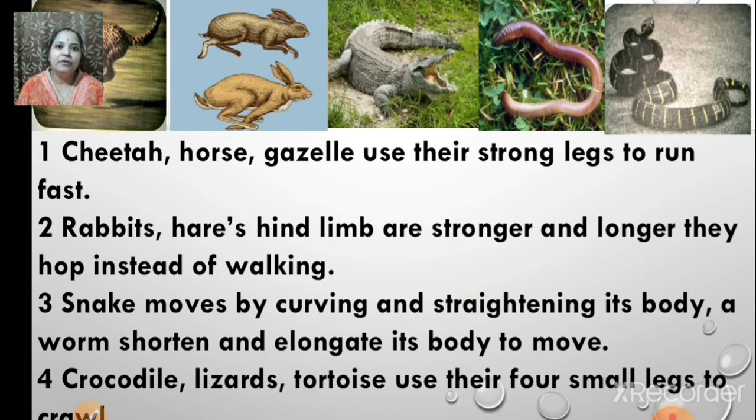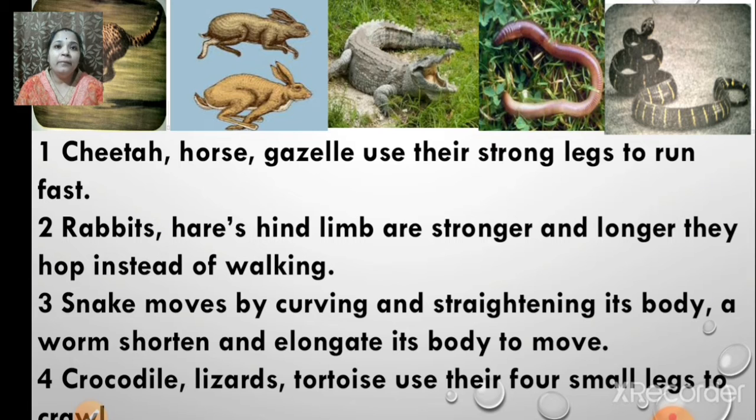Now, children, you know that few animals have 4 legs. So, the 4 legs are known as limbs. The front 2 legs are known as forelimbs, whereas the legs behind are known as hind limbs.